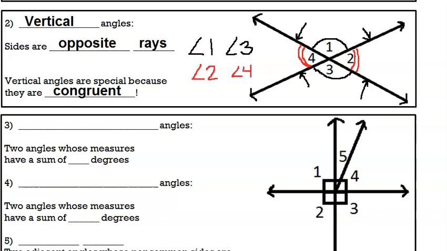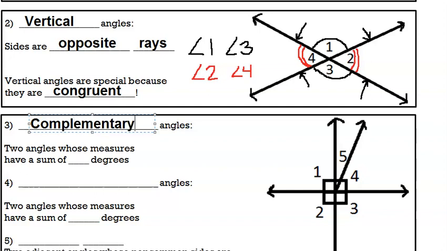Even though 2 and 4 sort of look horizontal from each other, the point is still the same. They are still going to be congruent. They're still going to be called vertical angles, even though you don't necessarily think of them as vertical. That doesn't really have anything to do with it. The name vertical angles has nothing to do with whether or not they are actually vertical.